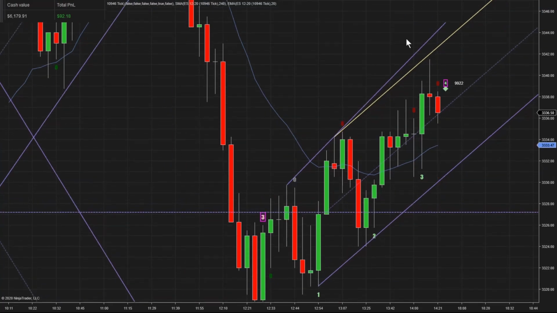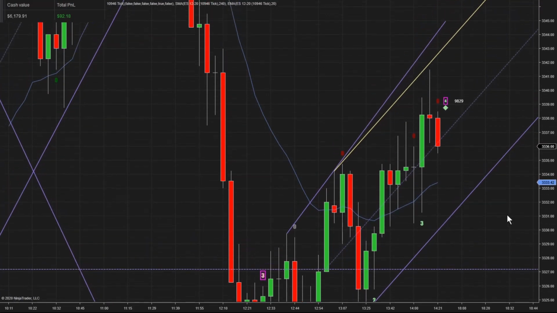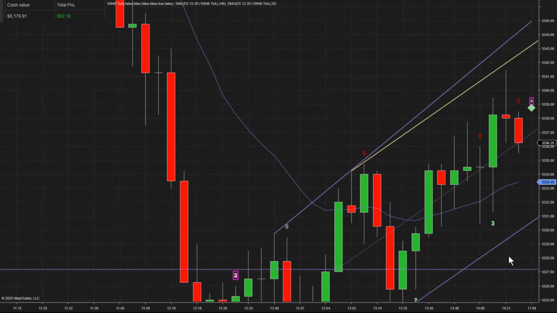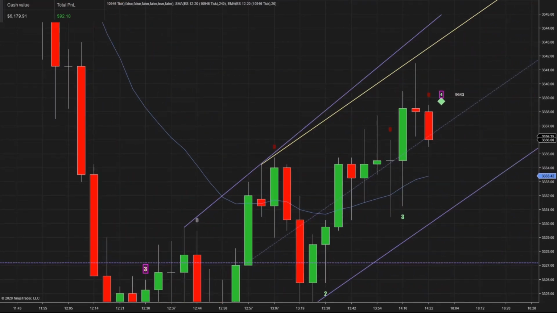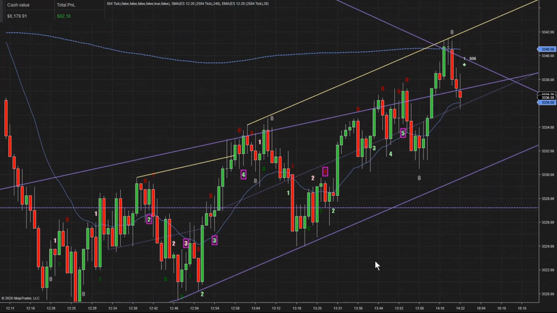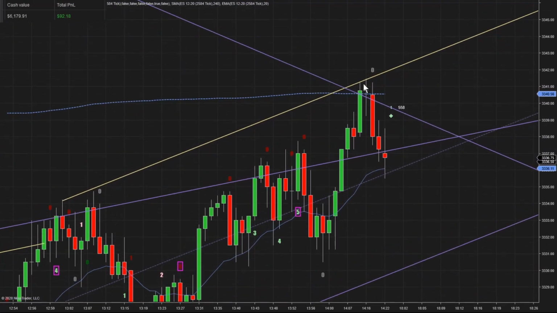10K chart, top of the wedge, top of the channel here. Bad signal bar though. Okay, we hit the top of this and we're finding some support at the 20 EMA.